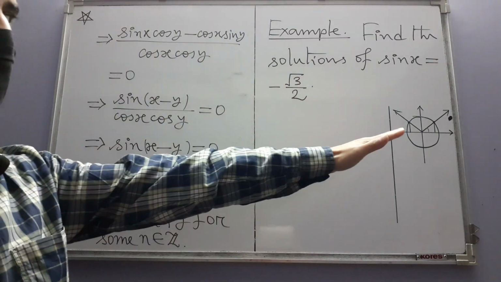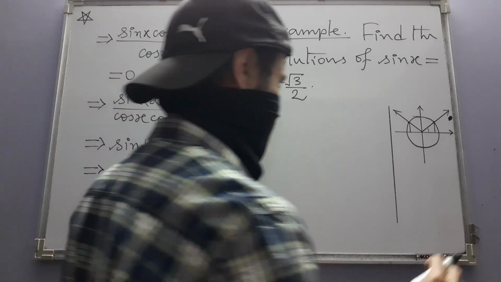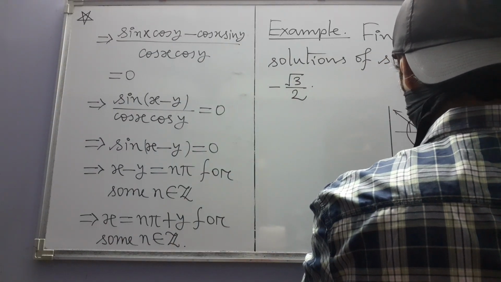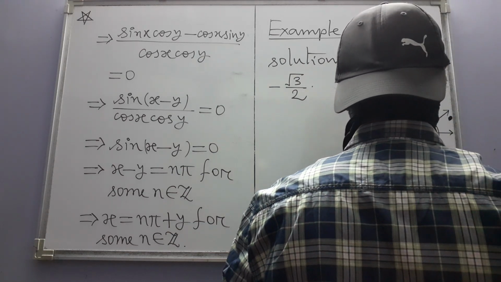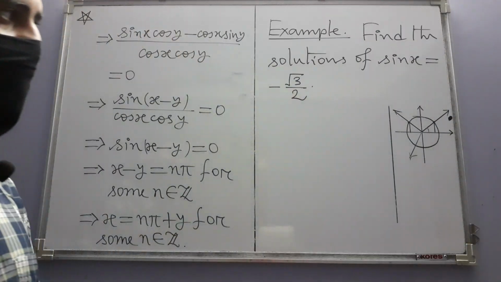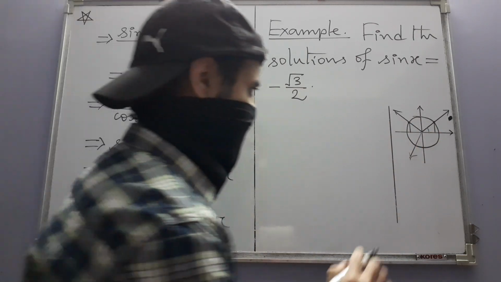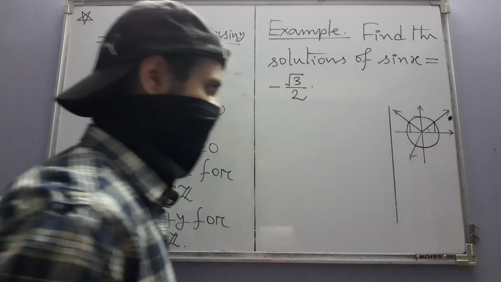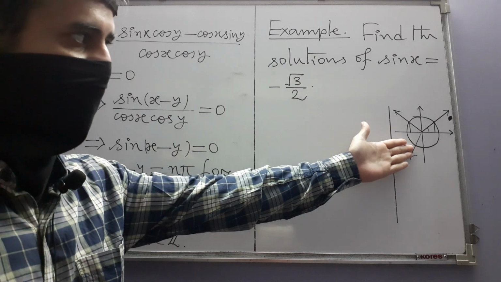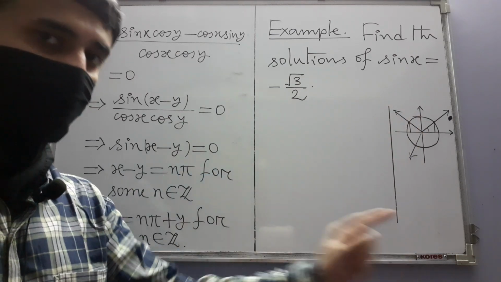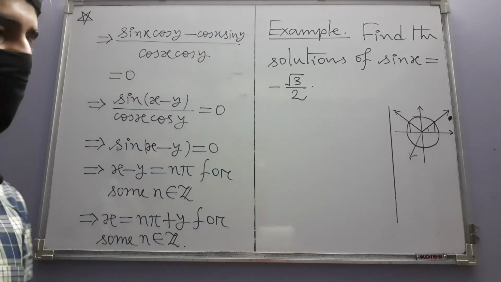So for this type of angles, your sine is going to be positive. However, if your angle exceeds 180 degrees and the terminal ray now lies in the third quadrant, then the point of intersection lies below the x-axis. So here the y coordinate of that point is negative, so here sine will be negative. And in the fourth quadrant also sine will be negative.